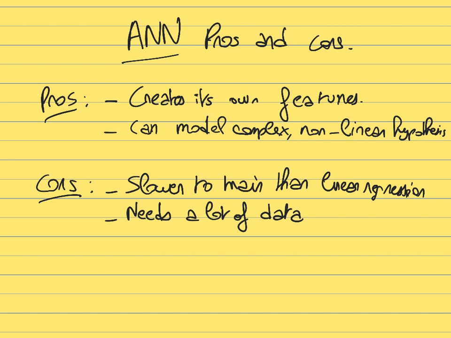So it creates more and more complex features as you go deeper and deeper within the network. So it can become very powerful, and can find some very complex relationships between input and output.